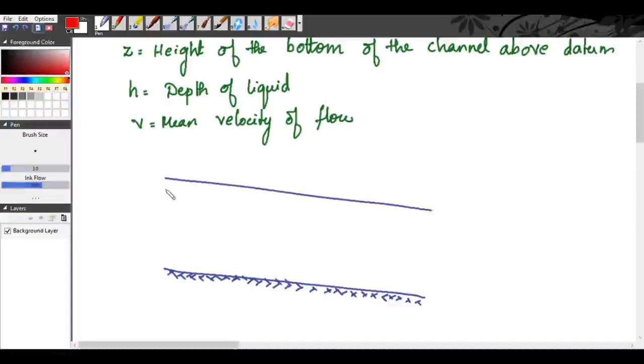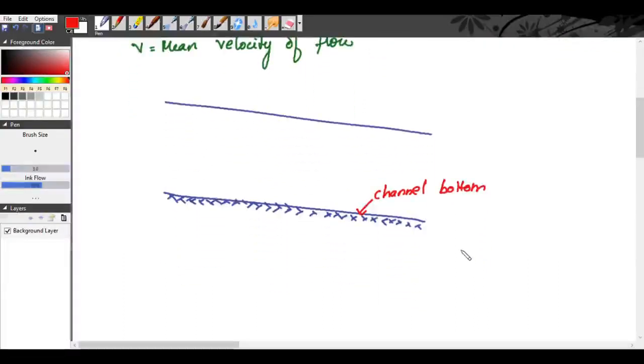If you are considering a channel like this, this is your channel bottom. We will take the datum like this, so this can be our datum line.